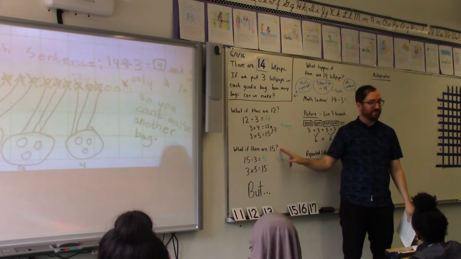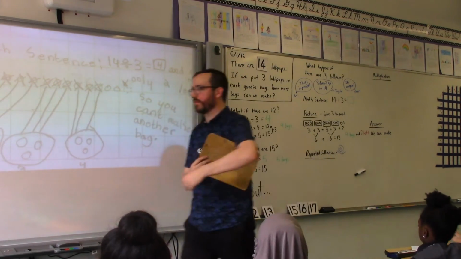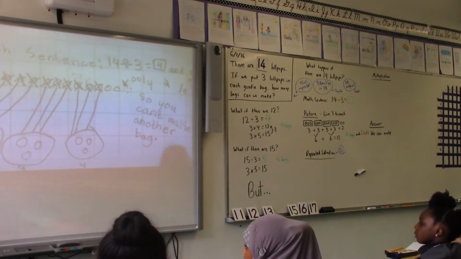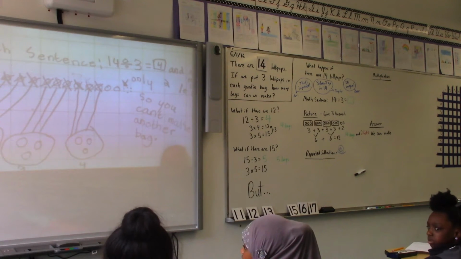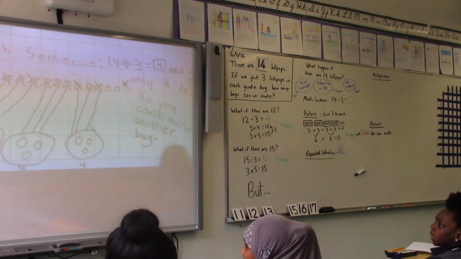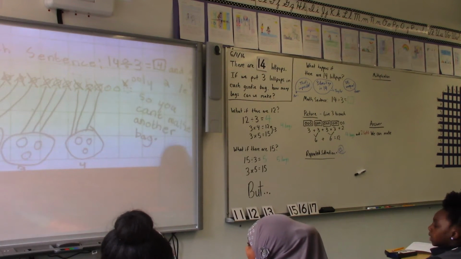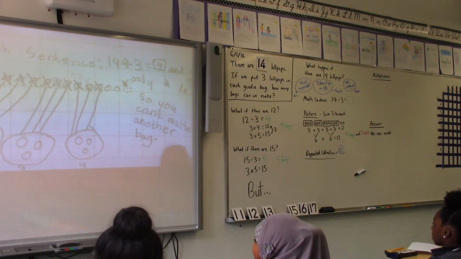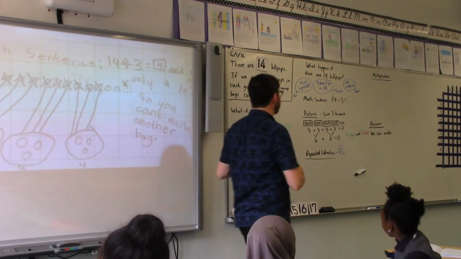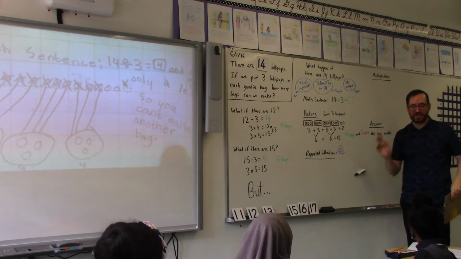Yeah, if we did have 15 lollipops, but I dumped them out over here and I just have 14. I have more than that, but for the sake of this, we only have 14. Josh, we don't have 15.